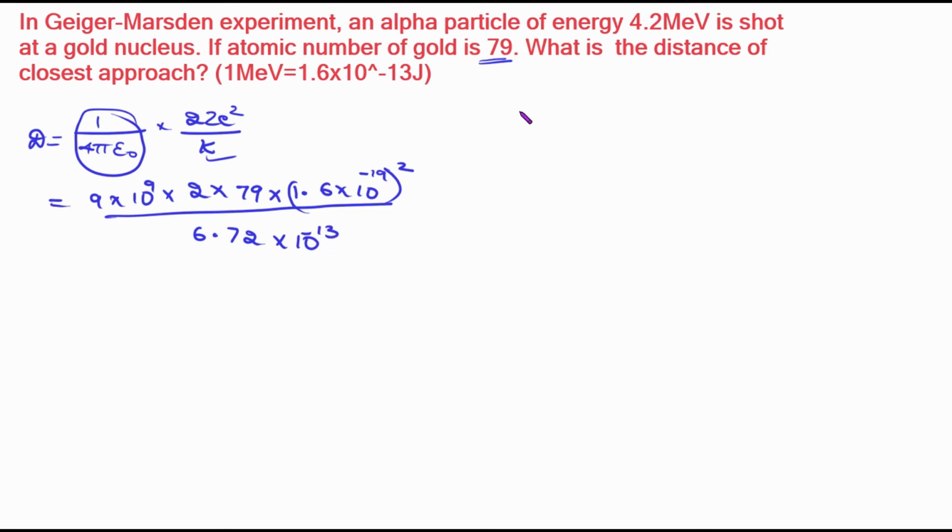Okay, this K is actually the energy here, which is given as 4.2 mega electron volt.